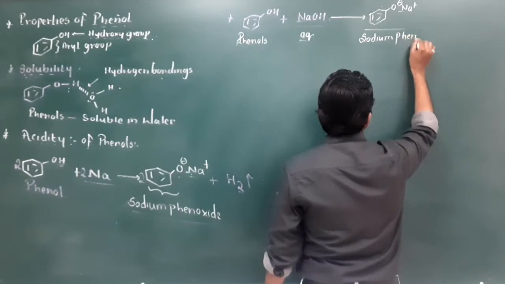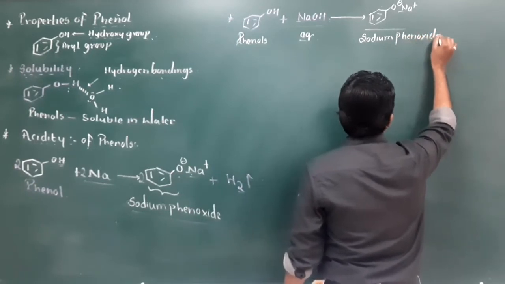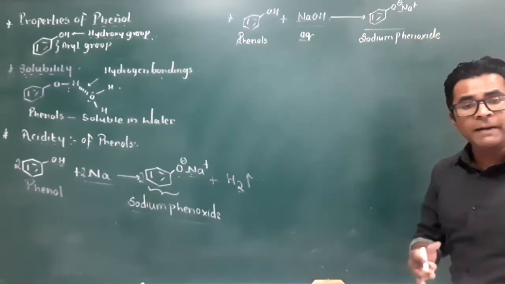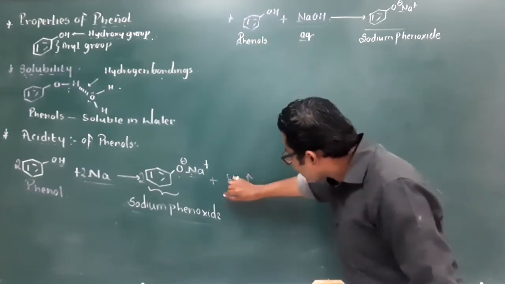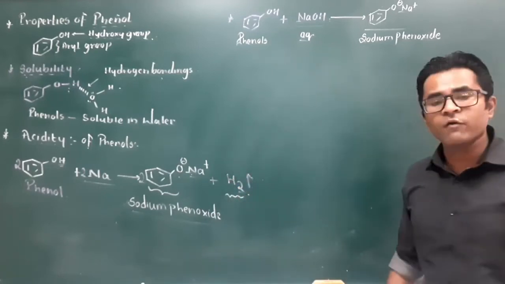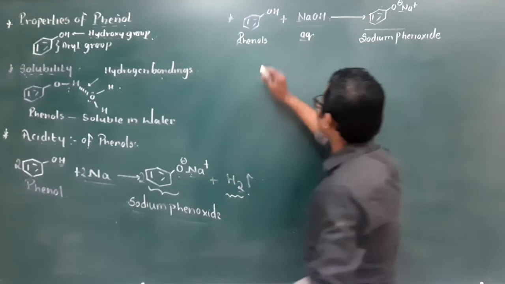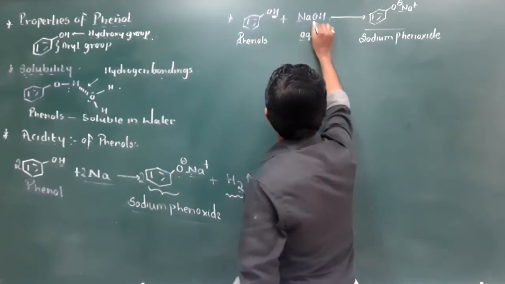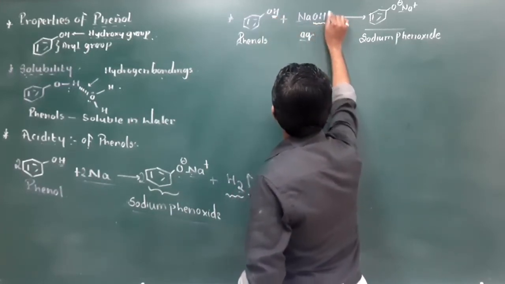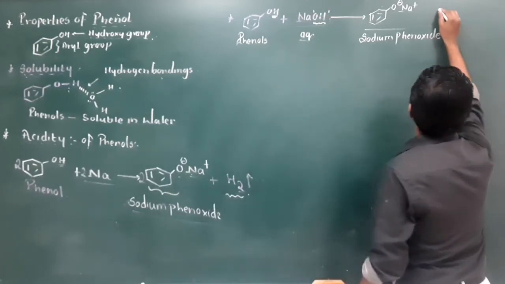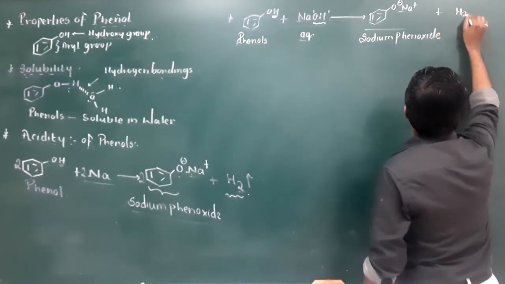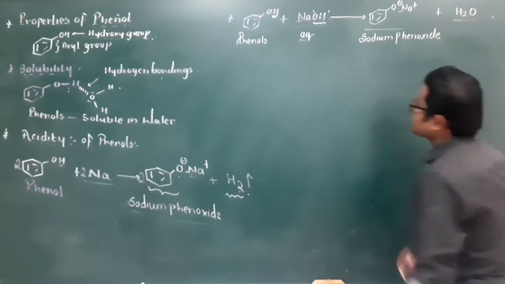Okay, but this time we need to observe the byproduct. Earlier the byproduct was the evolution of hydrogen. Over here, on the other hand, this hydrogen combines with the OH part, leading to the formation of H2O. Water is eliminated.